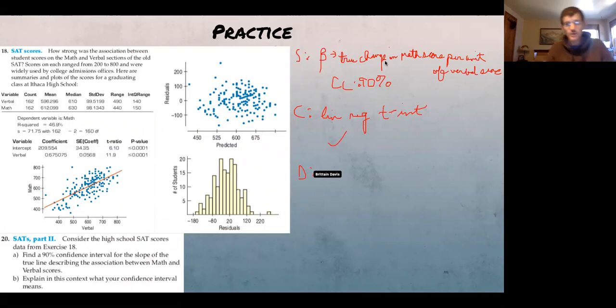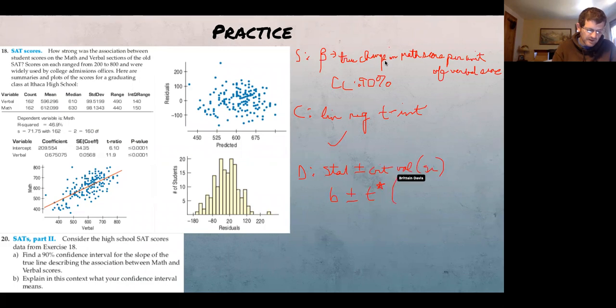Now this is one where we actually have to do some calculations, and we're going to need to find some data. Let me start off real quick. Stat plus or minus the critical value times the standard error. This is b plus or minus t star times s sub e over s sub x times the square root of n minus 1.